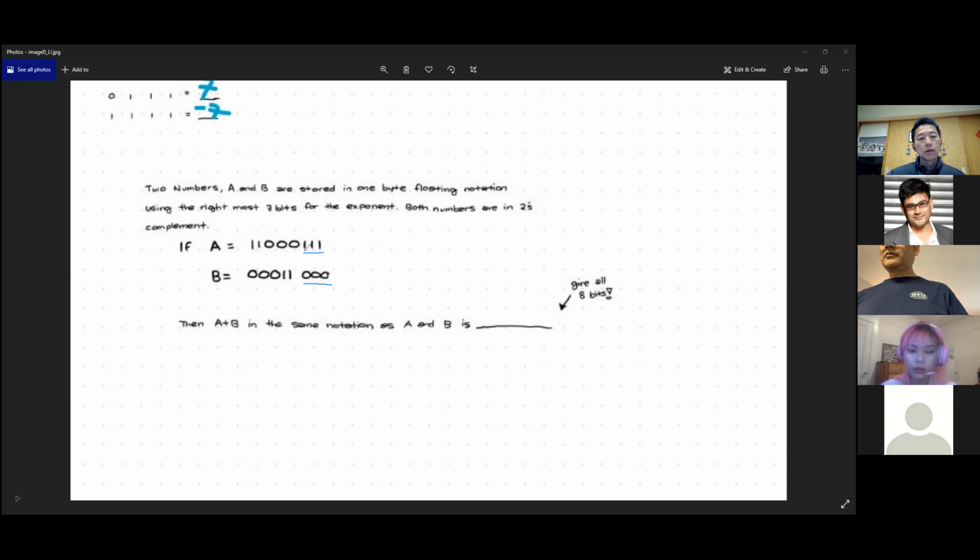The digit representation of the number is going to expand out to be 1.1000, I think. And obviously that's a negative number, because it's stored in two's complement.